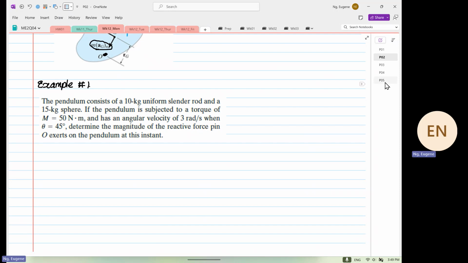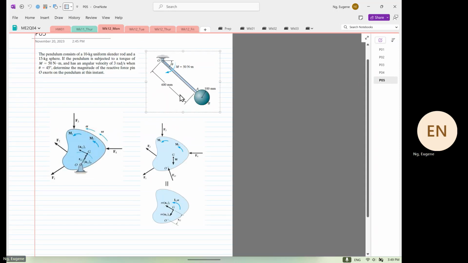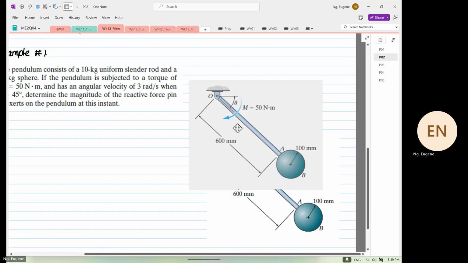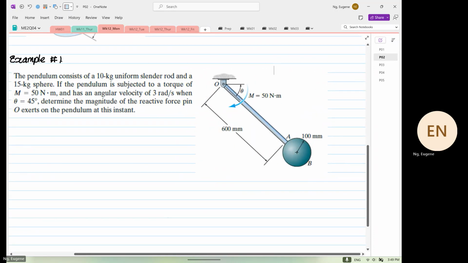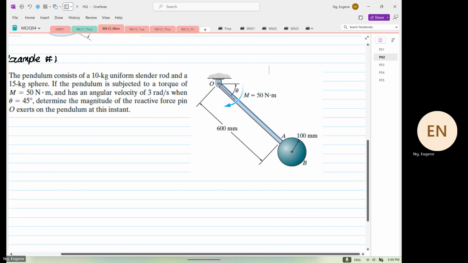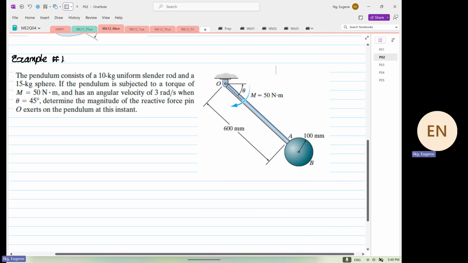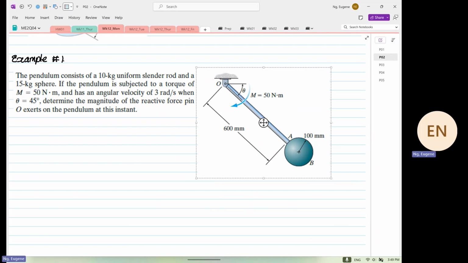So we have a pendulum. It consists of a 10-kilogram uniform slender rod. So this will be our, did we do this? No, right? This is the first time.